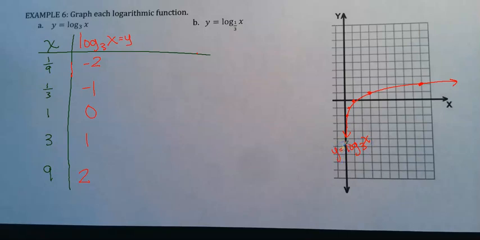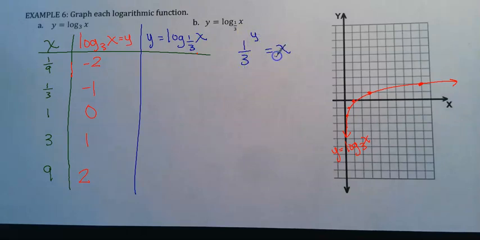Okay, now let me change it up, and we'll do b. Our y equals log of x in base 1/3. Okay, so in this case, our equation is going to be (1/3)^y equals x. Yikes. Right, so now we got to get them in 1/3 bases.